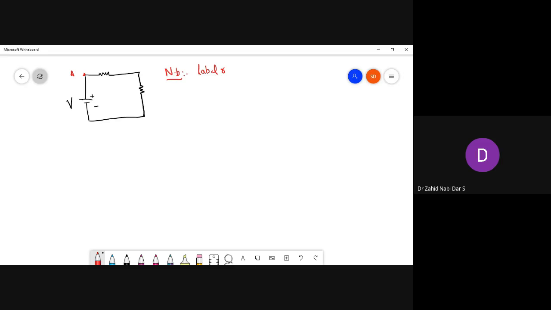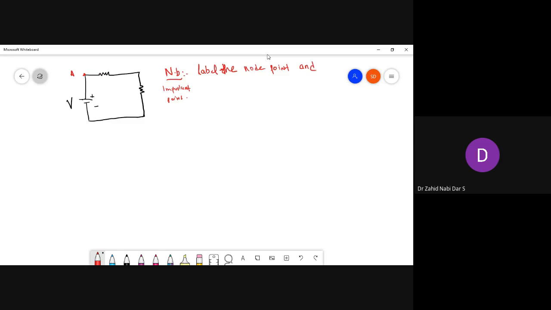Nota bene is a foreign phrase for saying important point. And this point is called a node. Label the node point.